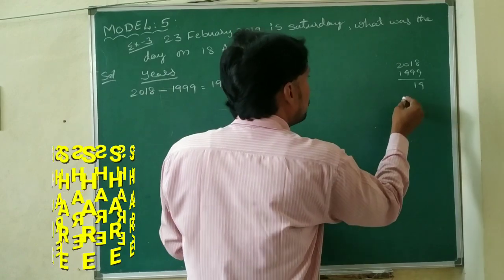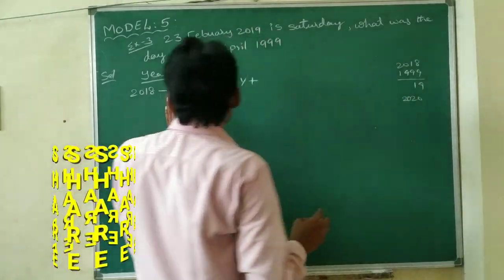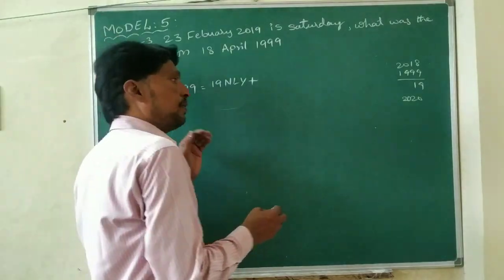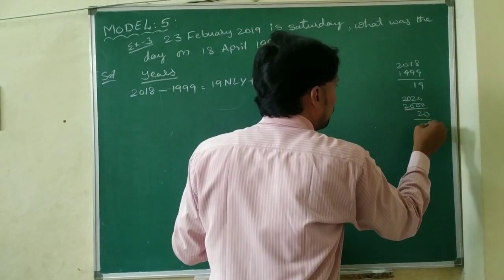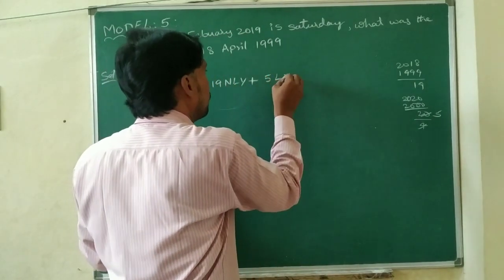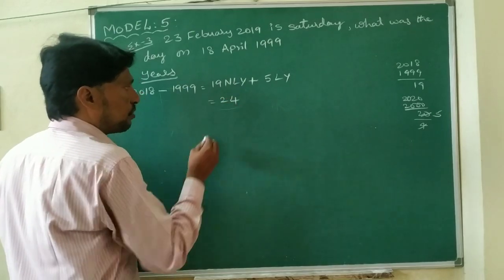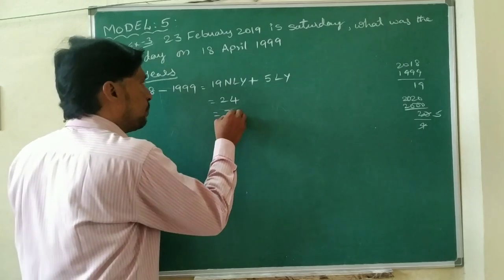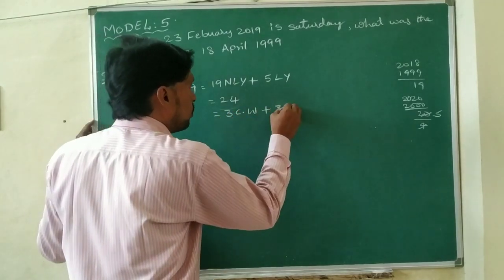So 2018 nearer above leap year is 2020 and 1999 nearer above leap year is 2000, means we are getting 20 by 4, that is 5 we are getting. So 5 leap years. 19 plus 5 that is 24. 24 days one you can convert into the odd days. So 3 complete weeks, 7 3s are 21 plus 3 odd days we are getting.